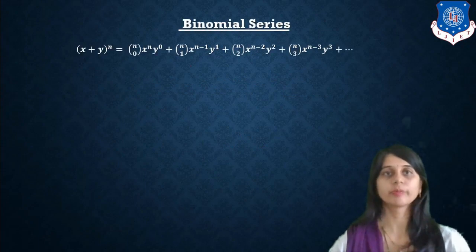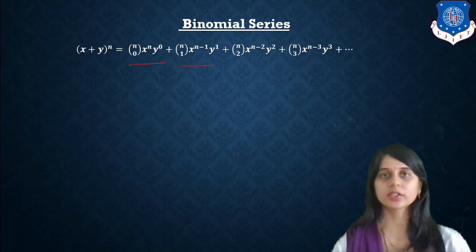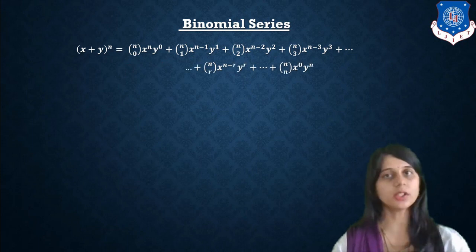Binomial series. (x plus y) raised to n equals nC0 x raised to n y raised to 0, plus nC1 x raised to n minus 1 y raised to 1, plus nC2 x raised to n minus 2 y square, plus nC3 x raised to n minus 3 y cube, and so on up to nCn x raised to 0 y raised to n.